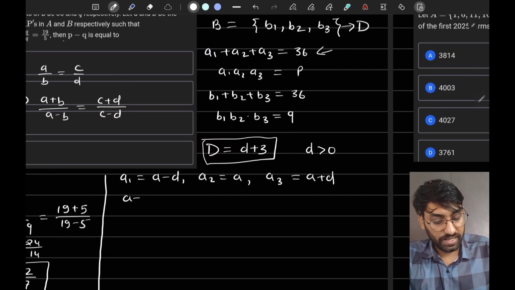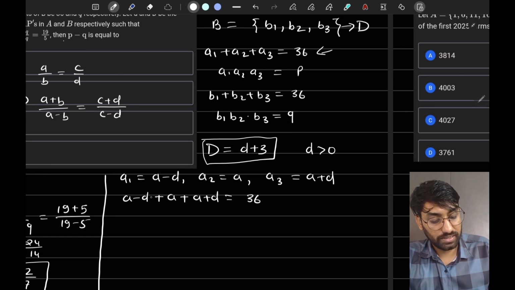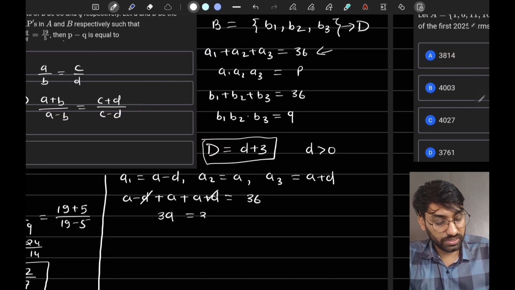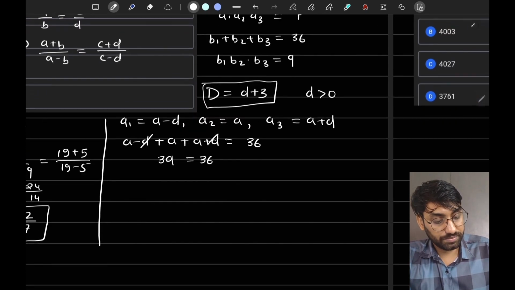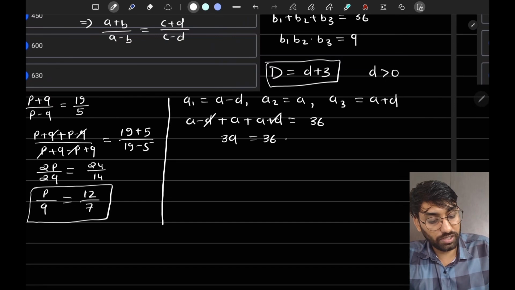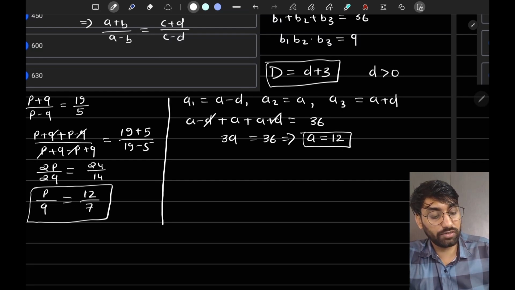It means a minus d plus a plus a plus d equal to 36. d is gone. So 3a equal to 36. It means I will get a equal to 12. So a value I am having is 12.